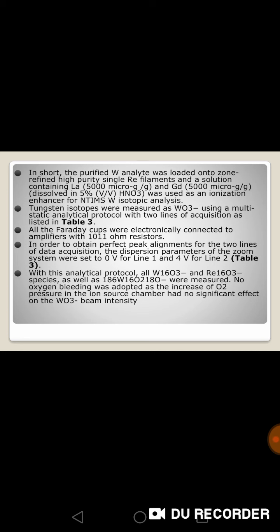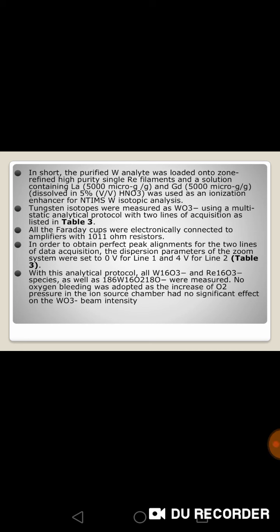Next, in order to obtain perfect peak alignment for the 2 lines of data acquisition, the dispersion parameter for the zoom system was set to 0 volt for line 1 and 4 volt for line 2, and that is also given in Table 3.